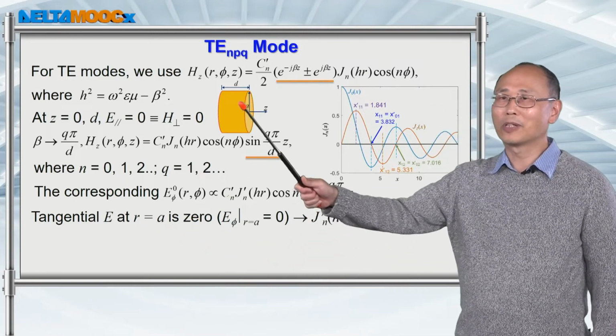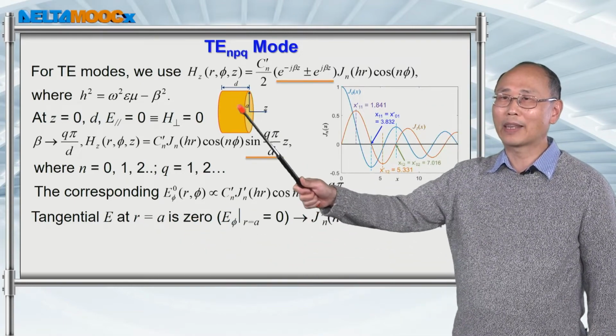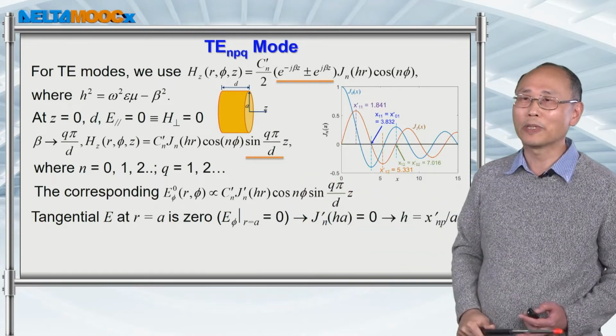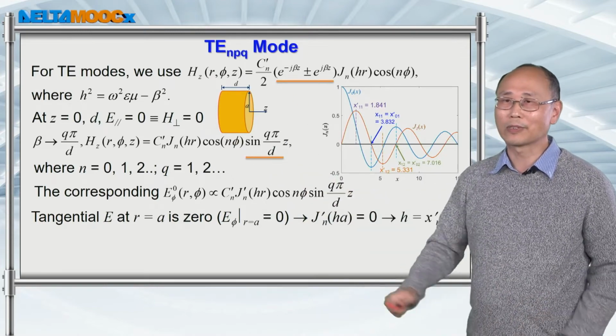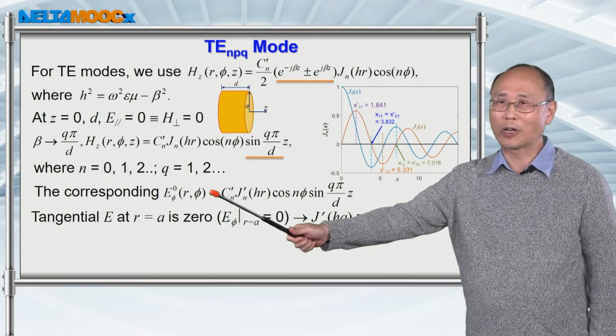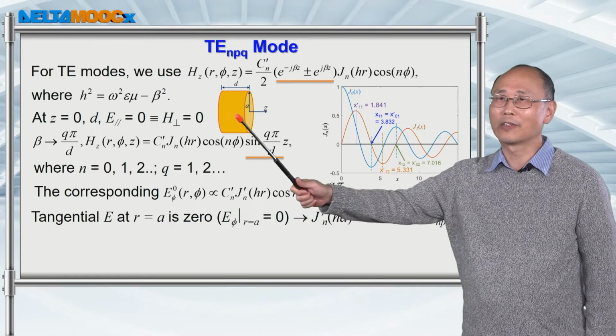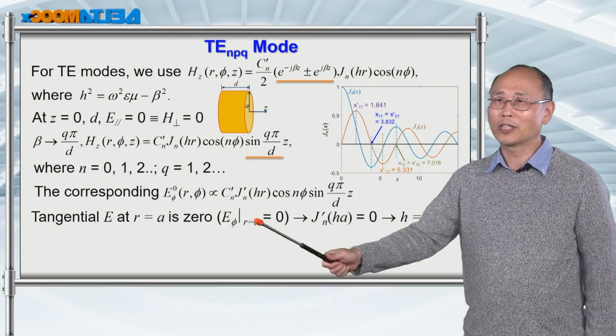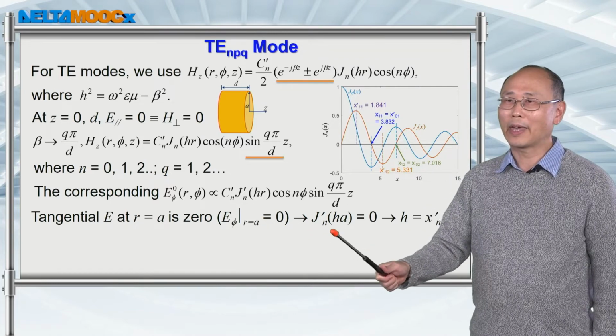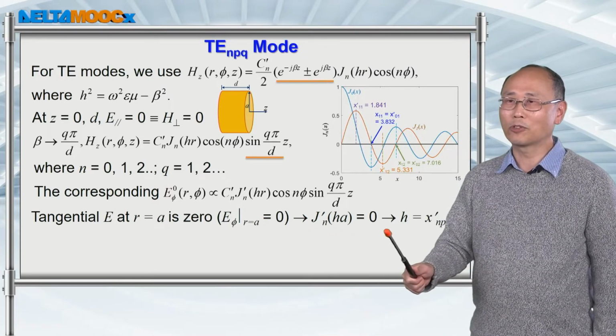The phi component of the electric field at this boundary has to be equal to 0, because it is a tangential component of the electric field on this r equal to a boundary. So this means that the J prime n of ha has to be equal to 0.